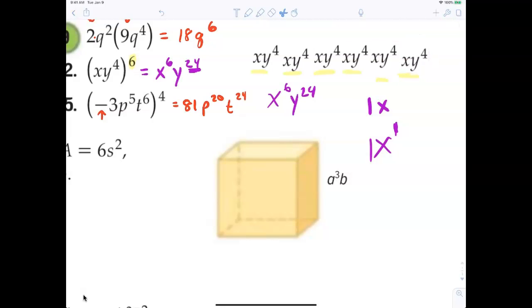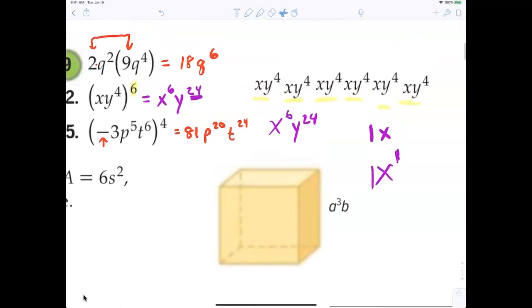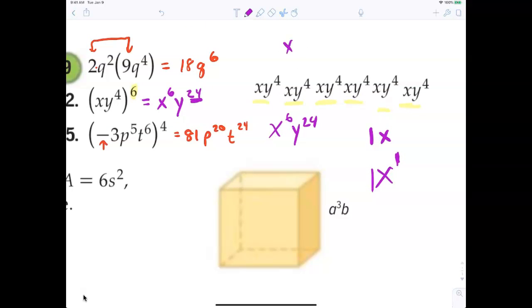In other words, x, y to the 4th to the 6th is what that means. There are these values here that are all 1, which gives me an answer of x to the 6th. All right, hopefully you understand that. Carrying on.